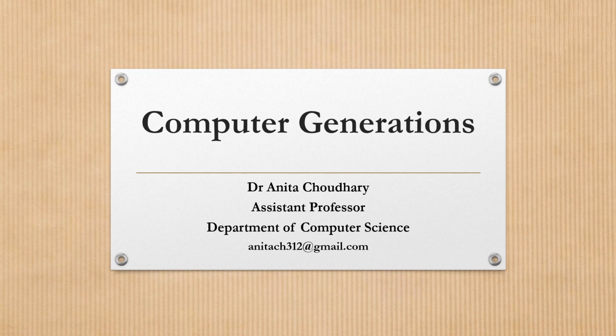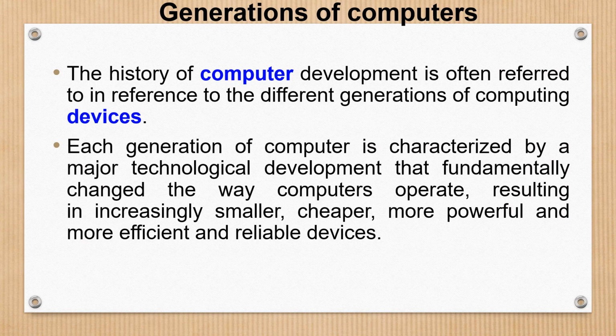So before going directly to the computers, we need to discuss the generations. The generations are discussed basically on the journey of the electrical equipment used in the genesis of the computer.